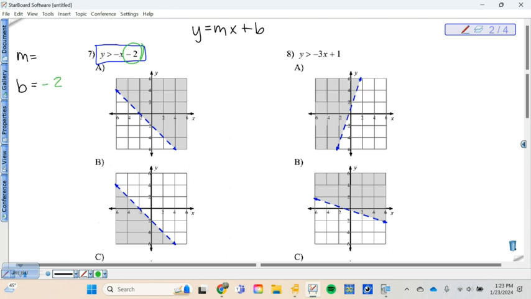So my y-intercept should be at -2. What is my slope? Good, -1. That means go down 1 over 1. So now I know my slope is -1 and my y-intercept is -2. What else do I know about the graph from this inequality?